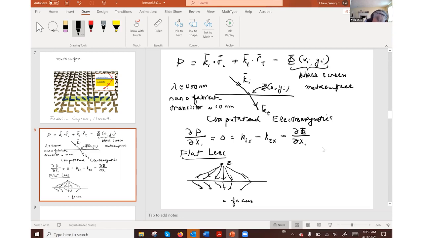And this is the source. Okay. Hence, you can make lenses that are very, very thin using metasurfaces. Okay, very, very thin lens.